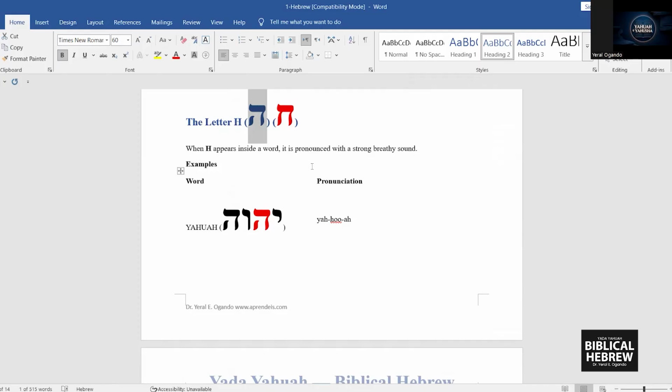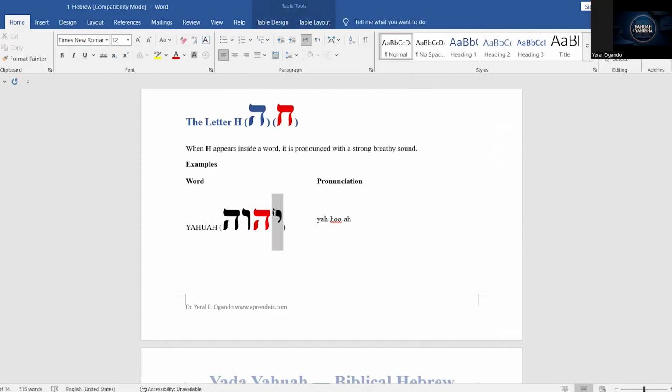So we've got an example over here. We have yod, which is the one I told you about at the beginning, which is pronounced like E. That one is pronounced like that everywhere. This one, in 95% of the cases, is pronounced like oo.